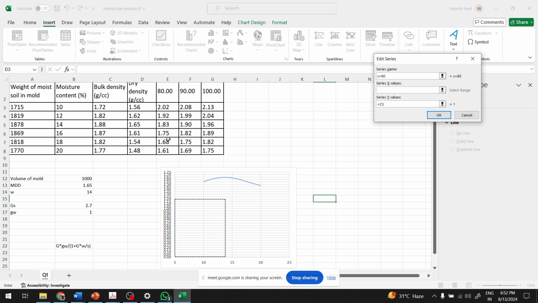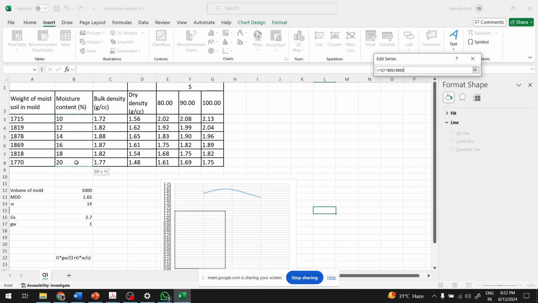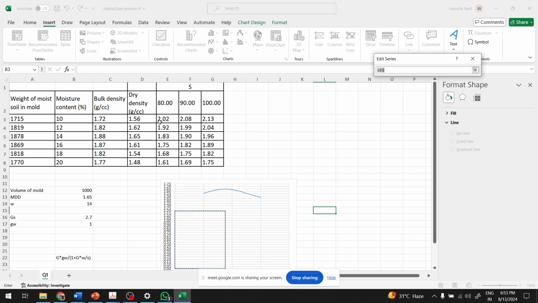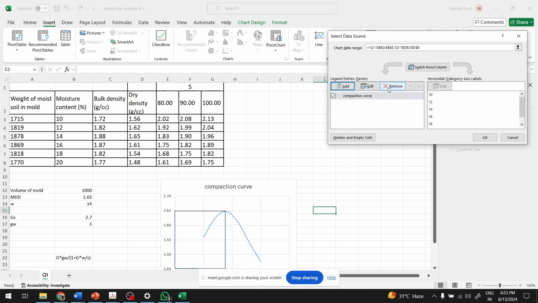X value is water content. Y value is this. What happened? Okay.